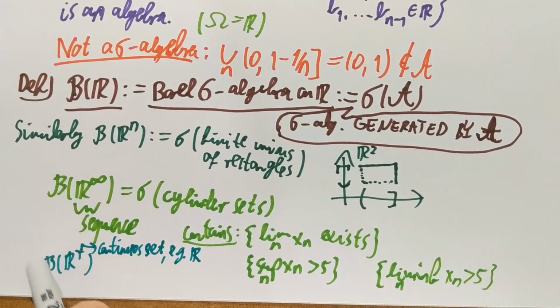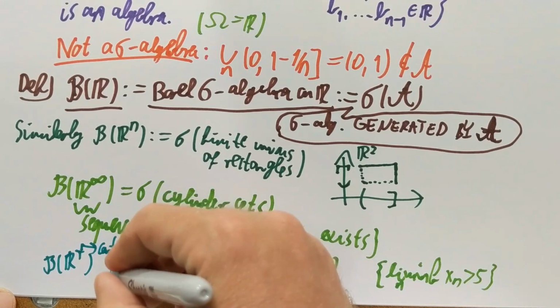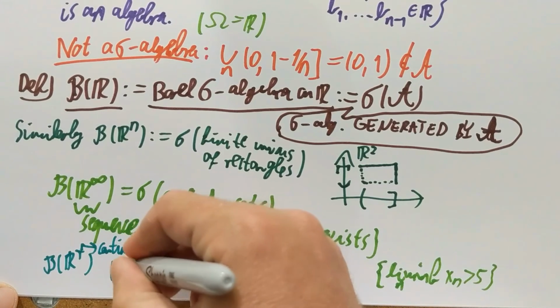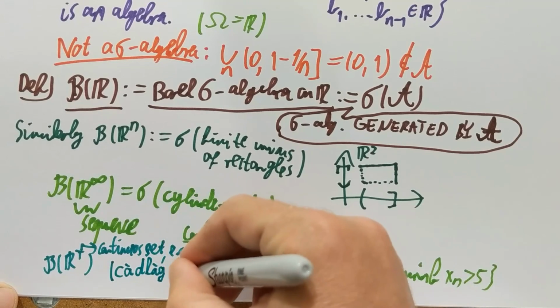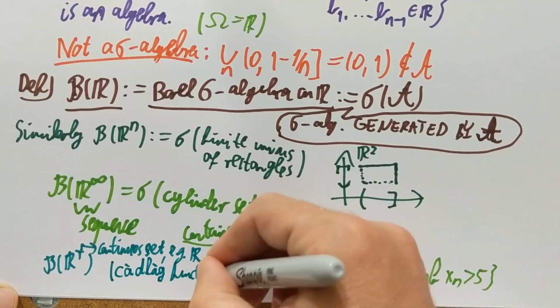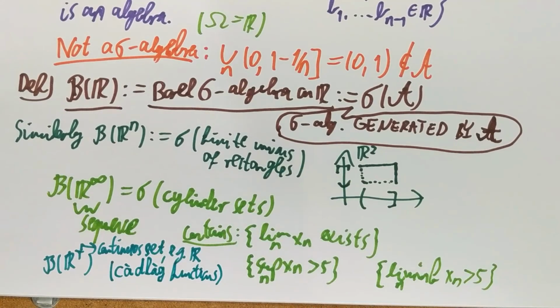And then you can define the Borel sigma algebra on functions. And you can ask yourself, what's the probability that a function does this, a function does that, and so on. Now here you need a little bit of restrictions regarding continuity of the functions. Again, I'm not going to go into much detail, but let me just mention càdlàg functions, which means continuous from the right and having left limits.